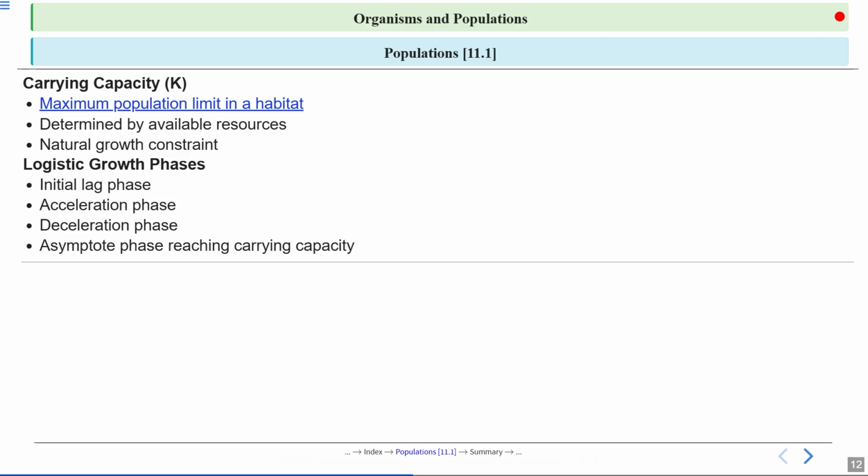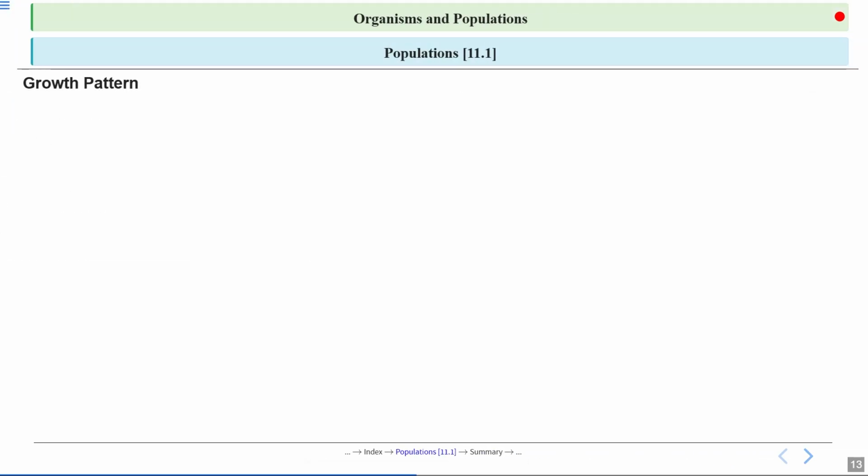Asymptote means the population has stabilized. Here the population stabilizes because carrying capacity has been achieved. The population size levels off as the number of births equals the number of deaths. That's why the population is stable. Okay, clear?